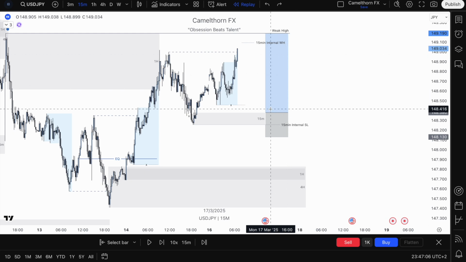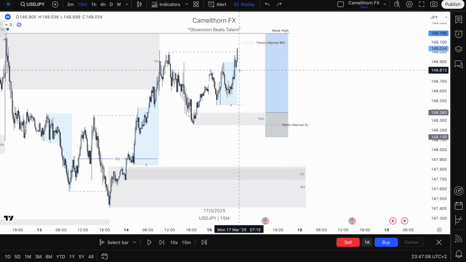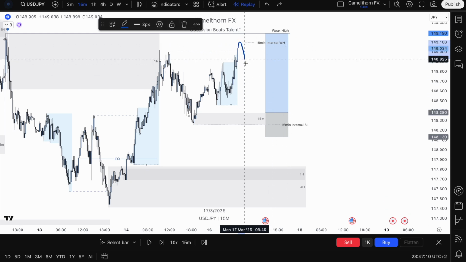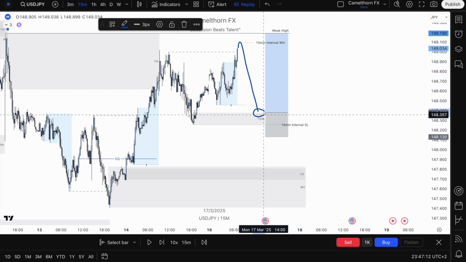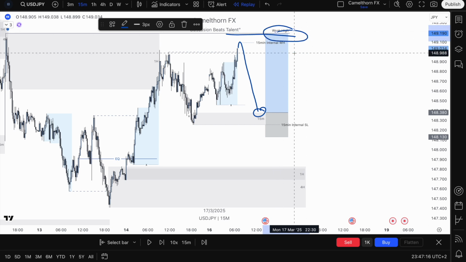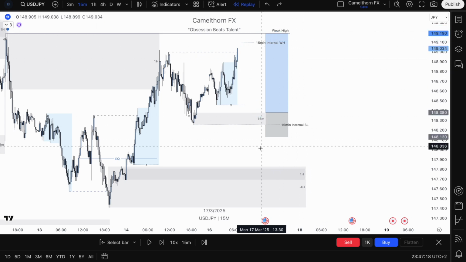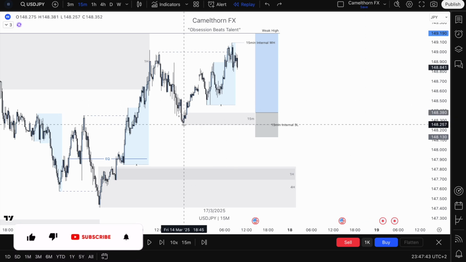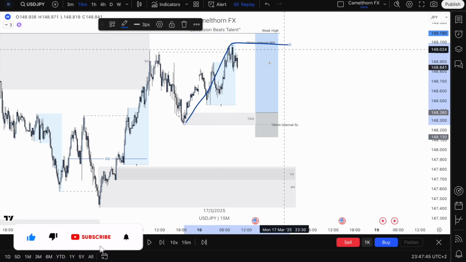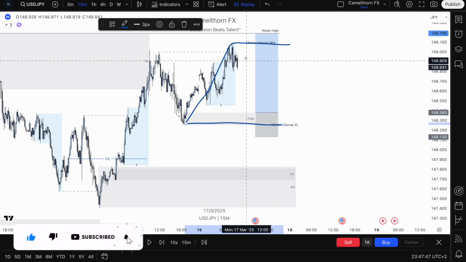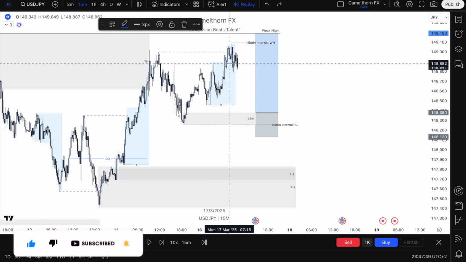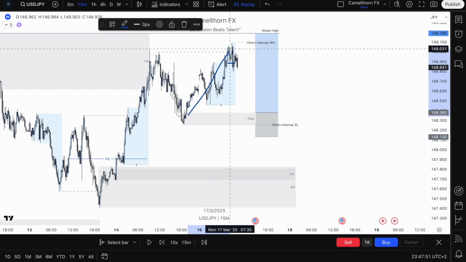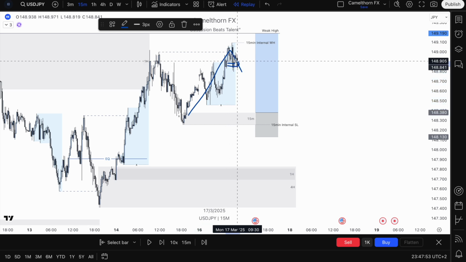It was now just a case of waiting to see whether or not I would get an internal pullback into this area prior to price action actually violating that 15-minute external week high. Now, going into the London session, we did have the establishment of this new bullish 15-minute internal range after my microstructure shifted from a bullish market state to a bearish market state in here.